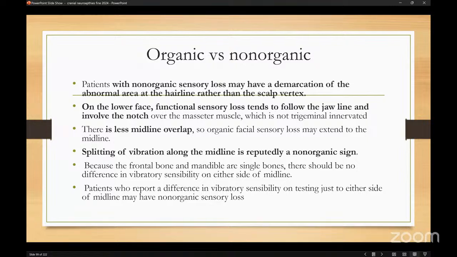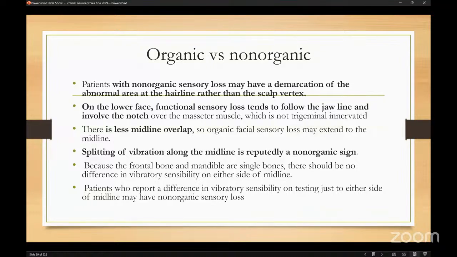But for non-organic it will be strict midline. Even the splitting of vibration in the midline, on the right side it is preserved, on the left side it is impaired. That doesn't happen clear cut vertically in the organic, because there is only one bone and the vibrations will be carried to the other side.